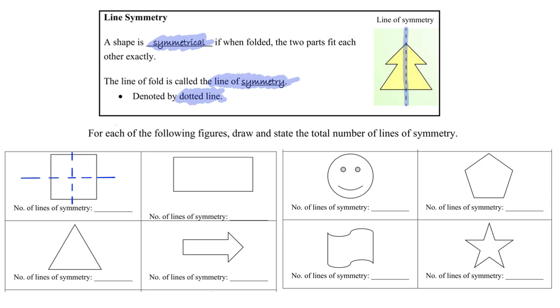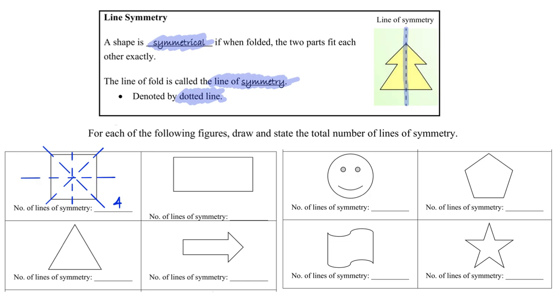Two already, right? Is that about all? No, since this is a square, it means that the diagonal gives us another line of symmetry. Same goes for the other diagonal of a square. So in this case, the number of lines of symmetry is 4.